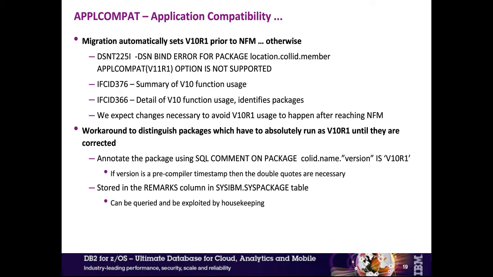However, IFC ID 366 is quite voluminous in terms of the output it generates, and it's quite cumbersome. And you're better off ignoring IFC ID 366 and focusing on IFC ID 376, which continues to be enhanced and provides you a condensed summary of packages which use functions that need to be investigated.